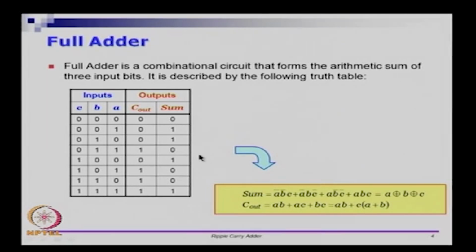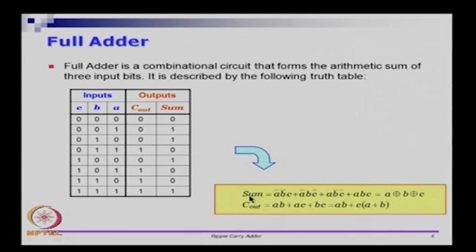If we go and do the Boolean minimization for that, you will see that sum is A XOR B XOR C and C out is AB plus AC plus BC. So, C out is actually the majority of the 3 and sum is the XOR of the 3. We have already talked about this at length on several occasions before. We did not call it a full adder then, but now we know that it is a full adder.